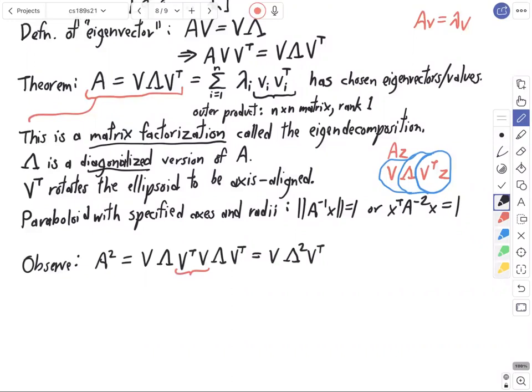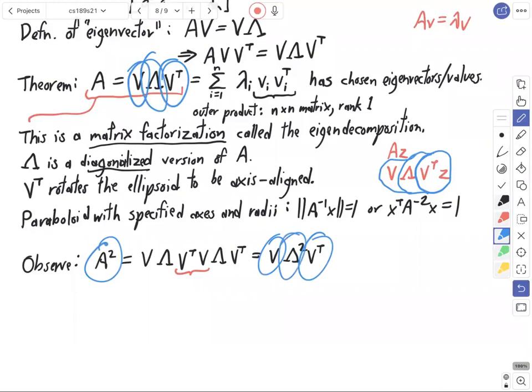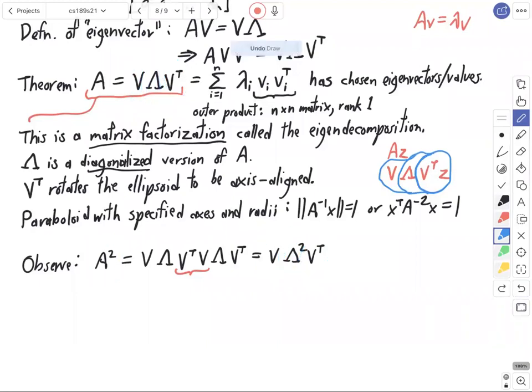So the eigendecomposition of A squared has exactly the same eigenvectors as the eigendecomposition of A. The only thing that's changed is that the eigenvalues have gone from lambda to lambda squared. Reaffirming what we already saw earlier.